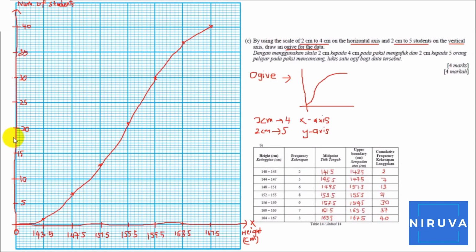So here 18, and we can plot to the right and then plot down to get the value of x. Okay, which means the value of x or p is equal to, on my graph, 154.5.